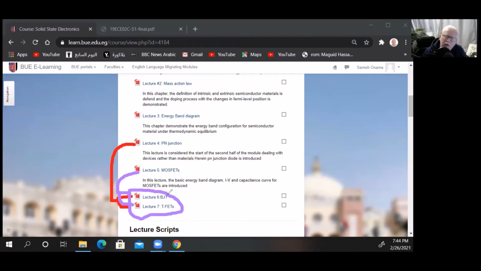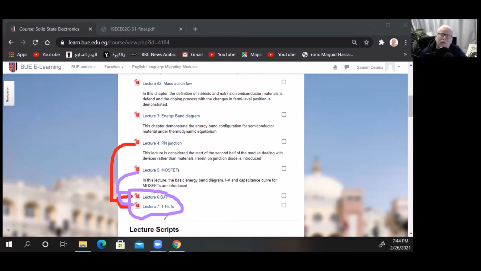So most probably you should expect a conceptual question dealing with these two lectures. But our main two devices are the MOSFET and the p-n junction. So you will have one question mainly about the p-n junction, with a conceptual question about one of these two topics, and then another question mainly about the MOSFET with another small conceptual part dealing with one of these two topics.